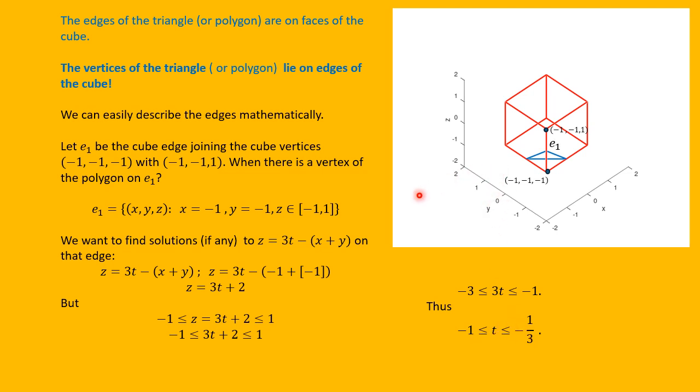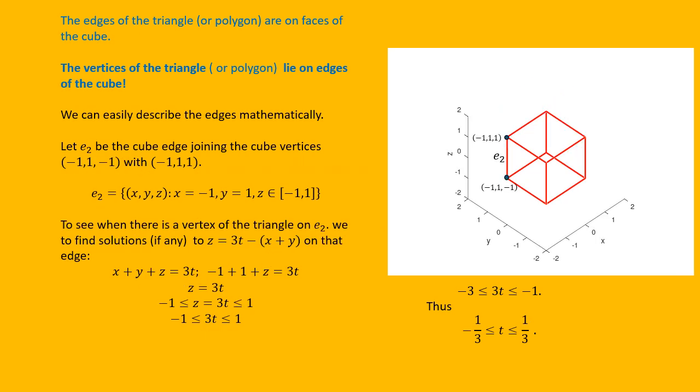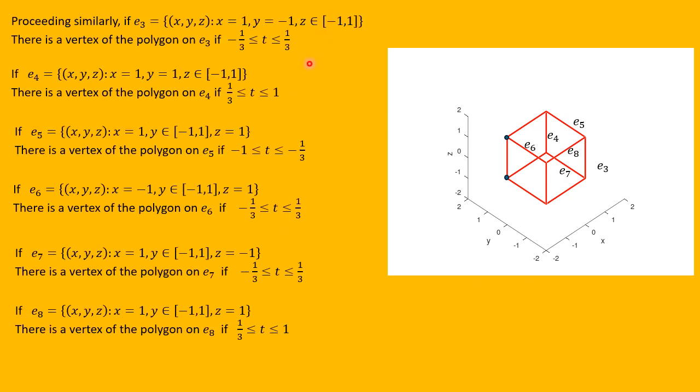So if you are looking at that line L once again, you will get a vertex of this polygon on the edge E1 if t is between minus 1 and minus 1/3. Okay, so we found out what it takes in terms of t for a vertex of our intersection polygon to be on edge E sub 1.